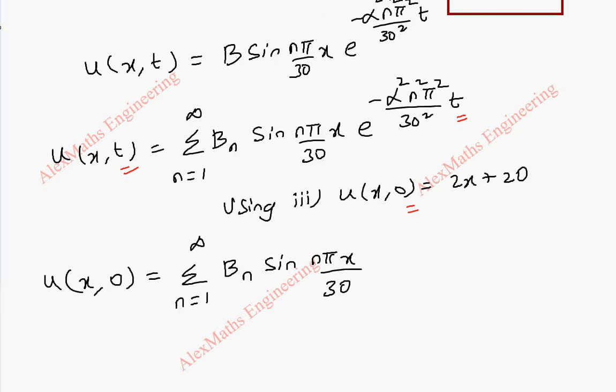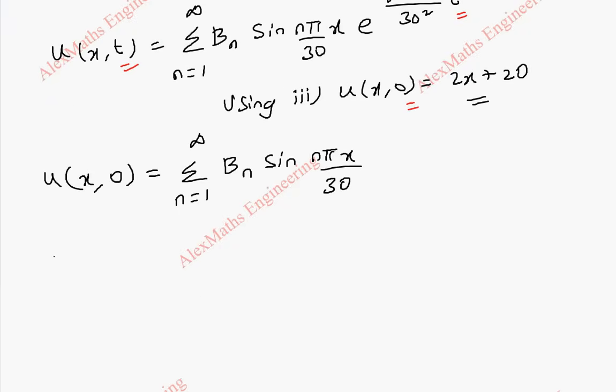So we have left this much, and u of x comma 0 is 2x plus 20. So 2x plus 20 is summation n is equal to 1 to infinity bn into sin n pi x by 30.